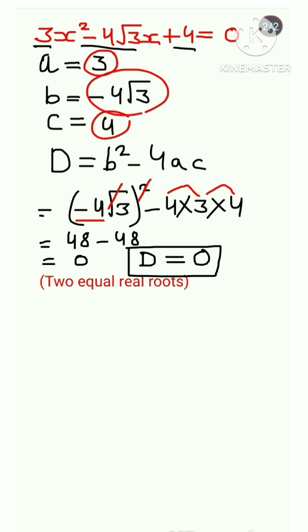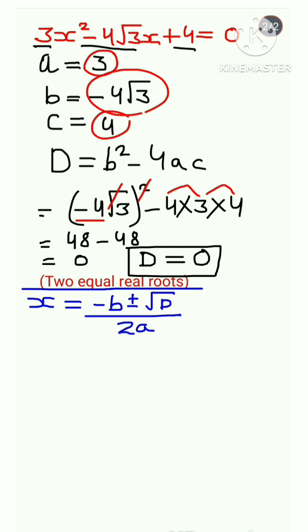Now we have to find those two equal real roots by using the quadratic formula, and our quadratic formula is x equal to minus b plus minus root over D by 2a.